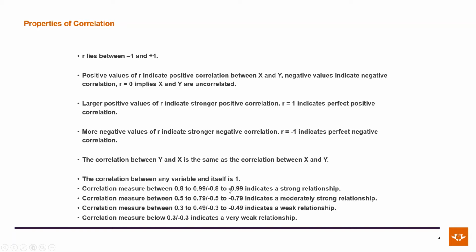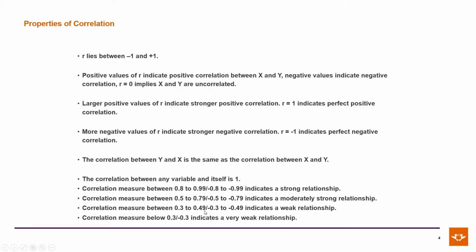Any measure between 0.5 and 0.79 indicates a moderately strong relationship, whether it's negative or positive, obviously. Correlation between 0.3 and 0.49 indicates a weak relationship, and anything below 0.3 or -0.3 indicates a very weak relationship, where 0 means there's no relationship. Okay, so remember these rules of thumb.